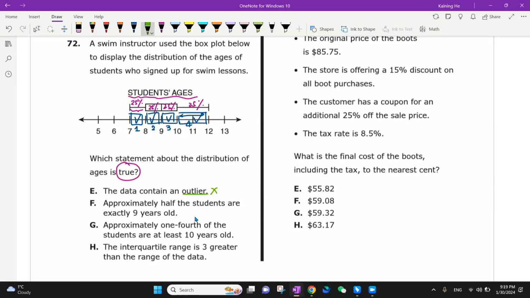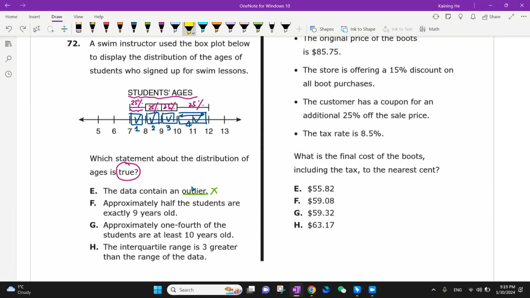Let's take a look. F says that approximately half the students are exactly 9 years old. Well, you cannot actually say that half the students are exactly 9 years old, because when we look at it, half the students is actually the middle 25%, or maybe the first 50%, or maybe the last 50%. That is how you describe 50% of people, which is half of the population, right? Half of the students.